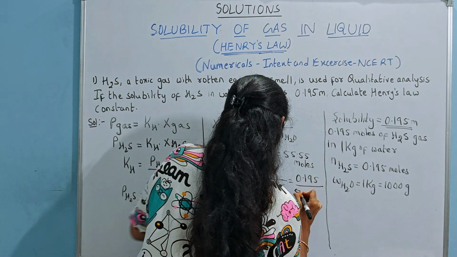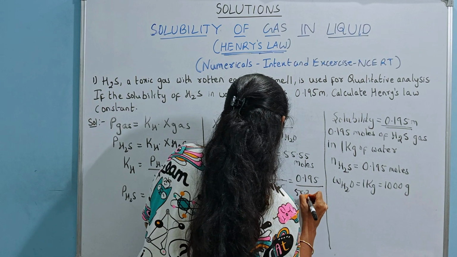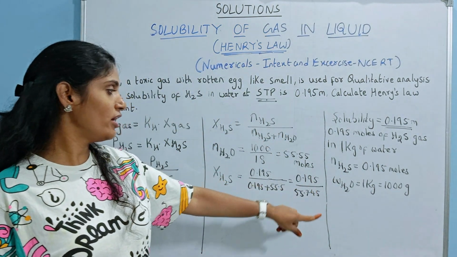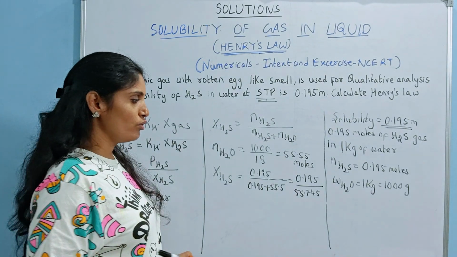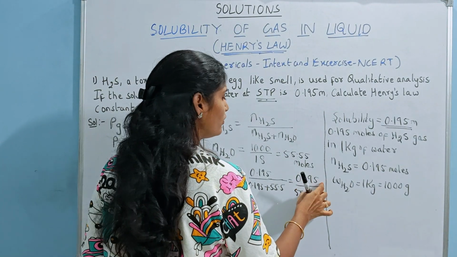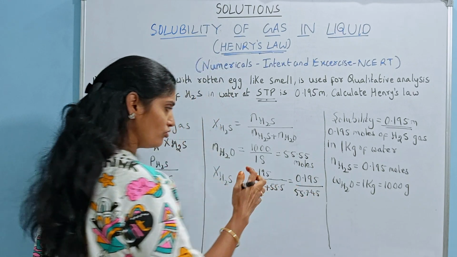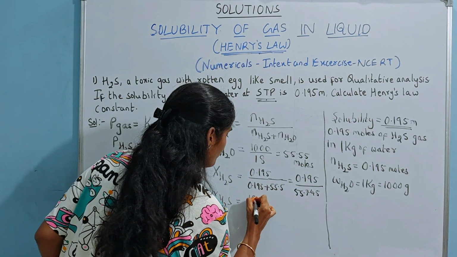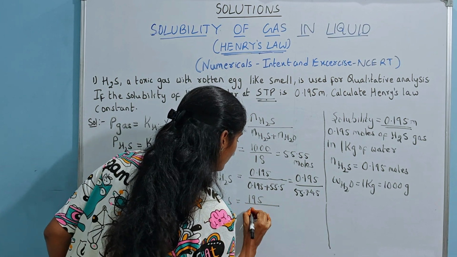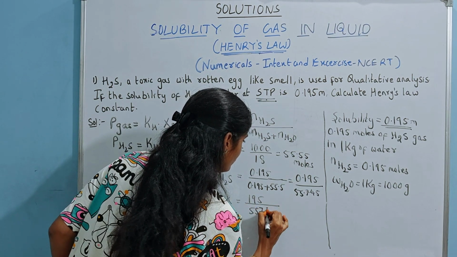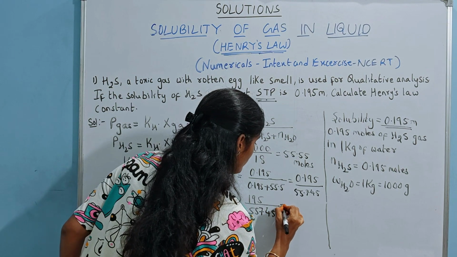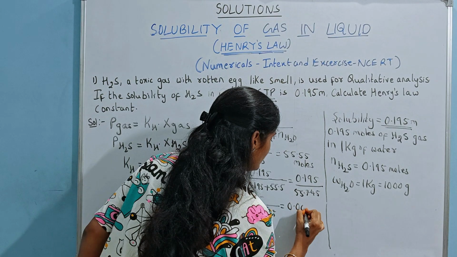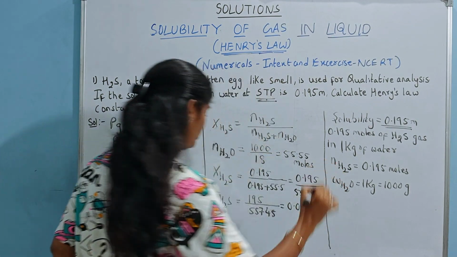The denominator comes to 55.745. After the decimal point there are 3 numbers, so I can ignore that. So the mole fraction of H2S is 195 divided by 55745, which is approximately 0.0035.